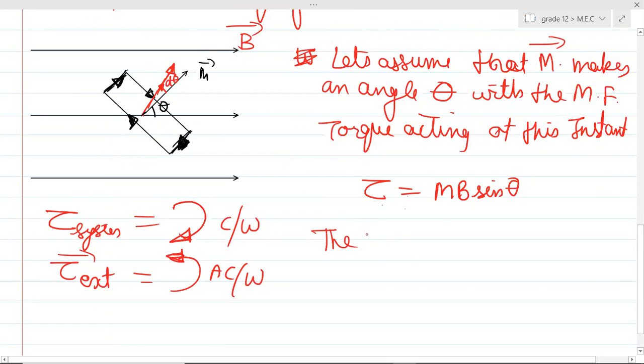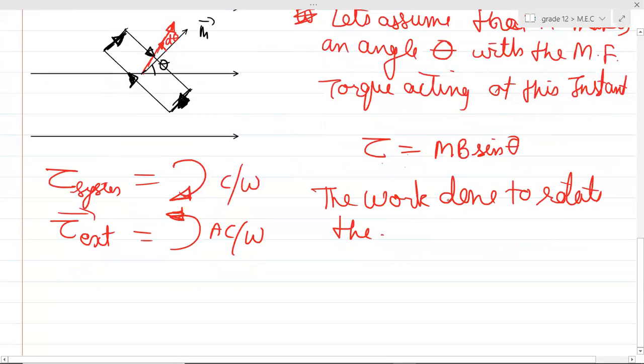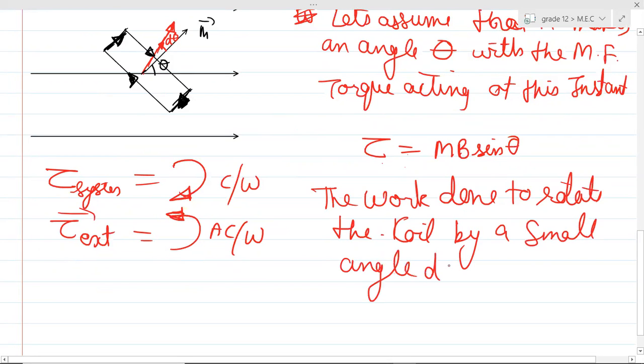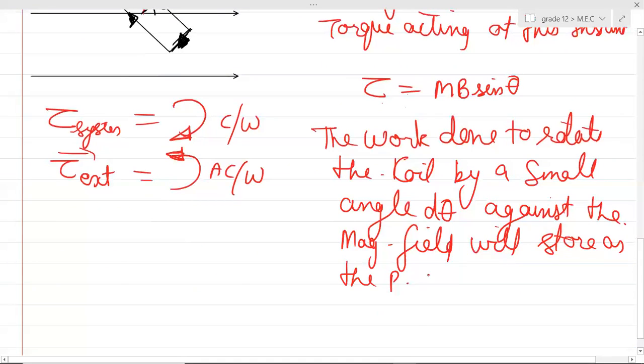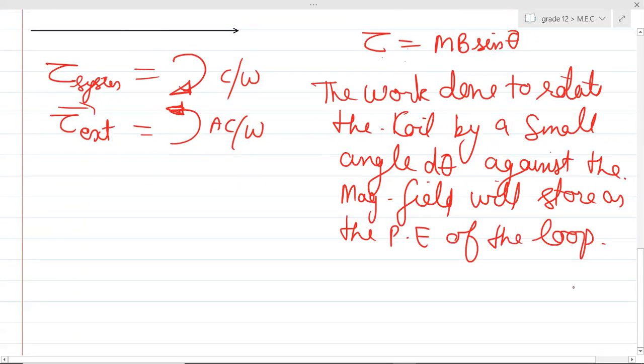The work done to rotate the coil by a small angle d theta against the magnetic field will be stored as the magnetic potential energy.